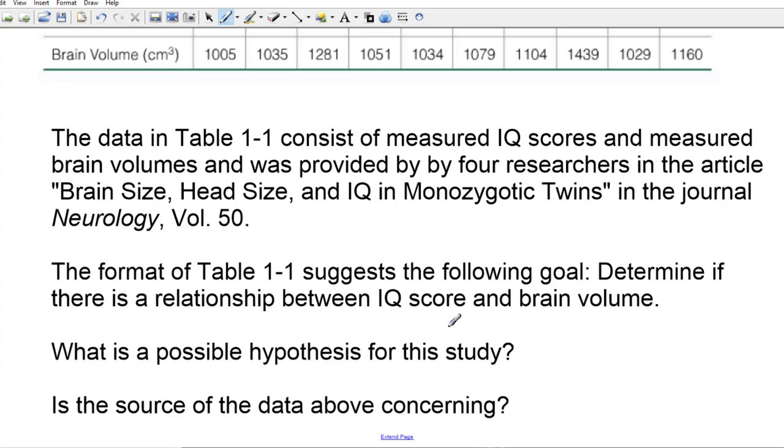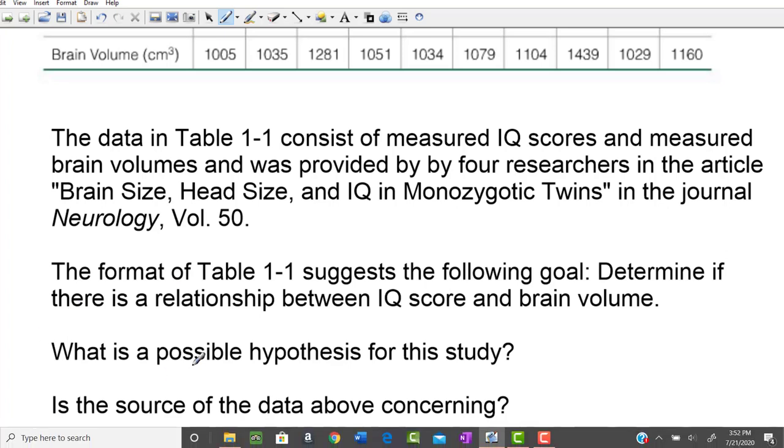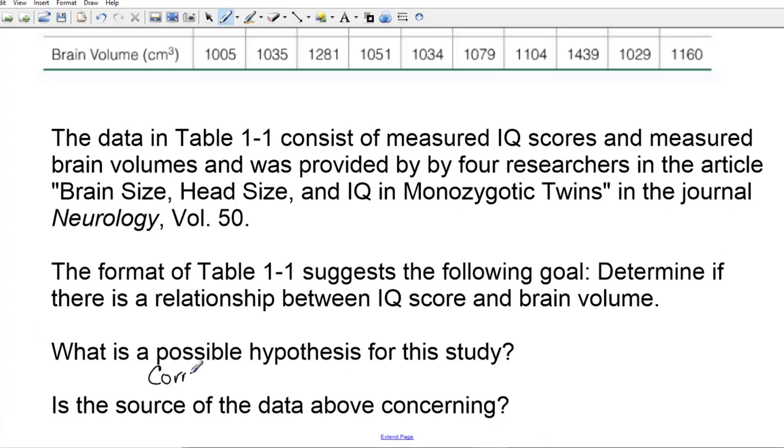What is a possible hypothesis for this study? There's a correlation. You're going to look for a correlation of something. So we're looking for a correlation between brain size and IQ.